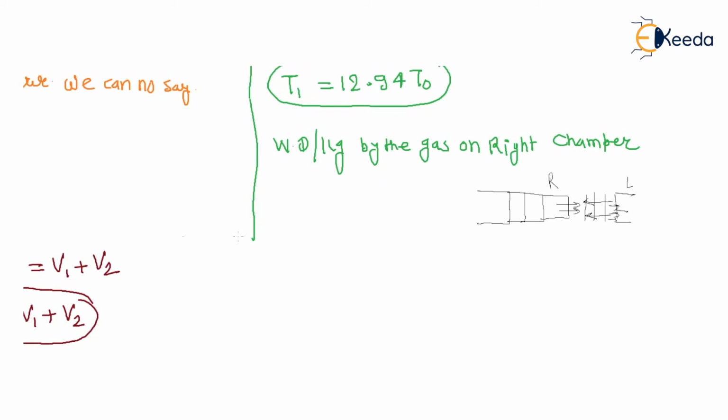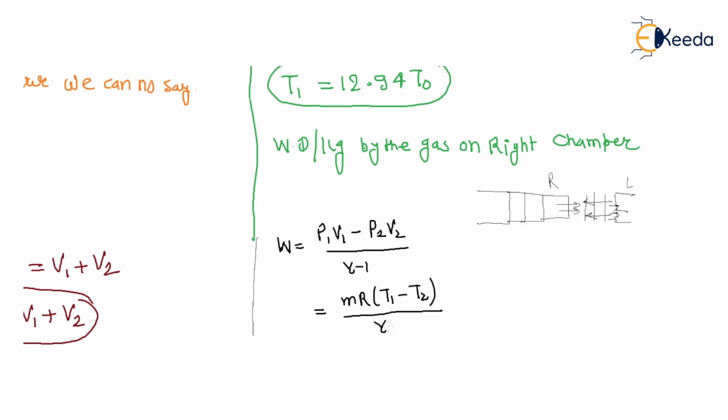Work done: we know that it is (P1 V1 minus P2 V2) by gamma minus 1. This is M R (T1 minus T2) by gamma minus 1, right? So per unit mass, take M equal to 1.